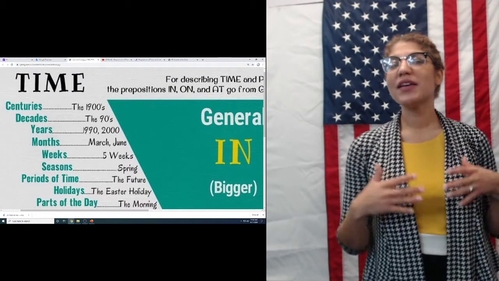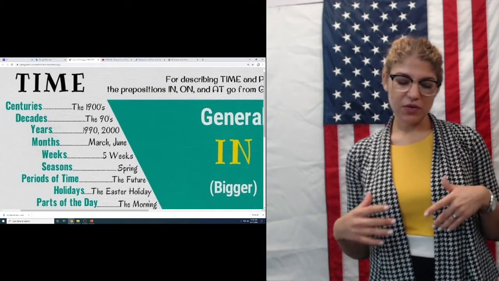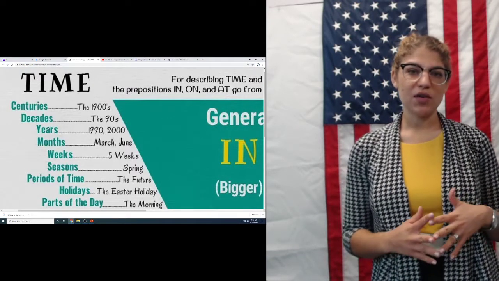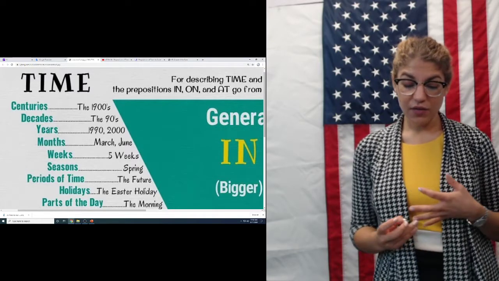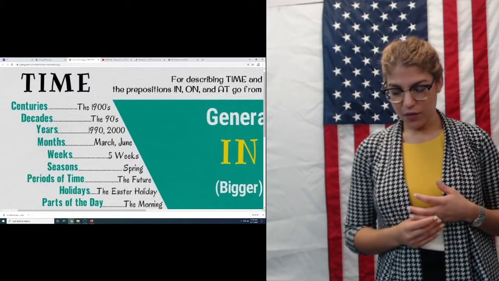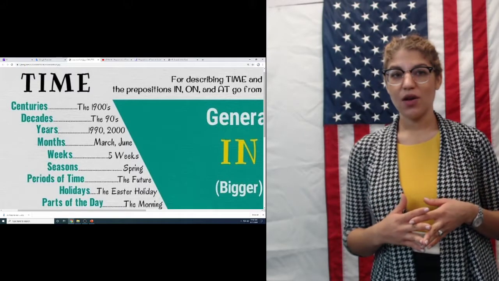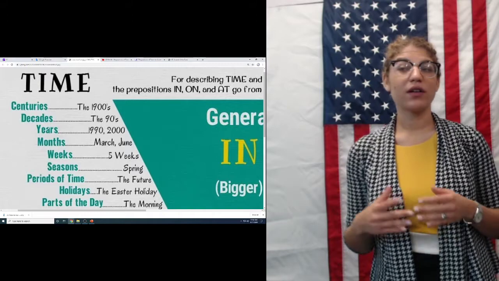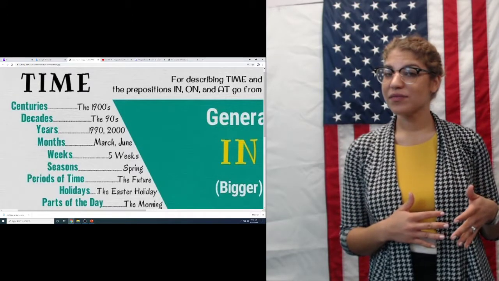With our time that is larger, we will use the word in. Now sometimes we will use the word in for a holiday, for example, Christmas, or for the future, in the future, or in the past.